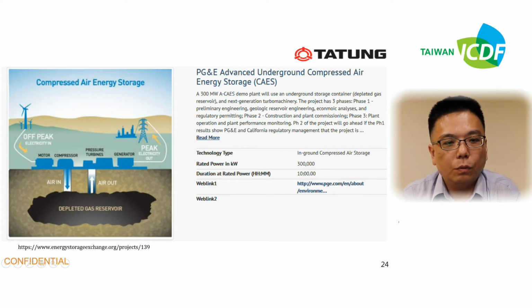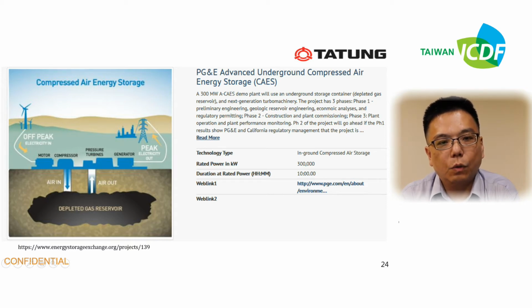If we need power, we can release this air to the pressure turbine, and the turbine will drive the generator, and the generator will generate power to the grid.